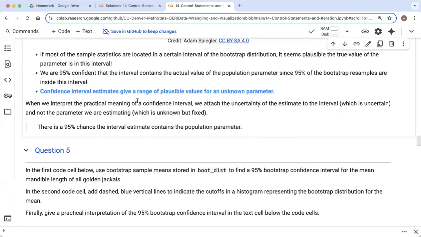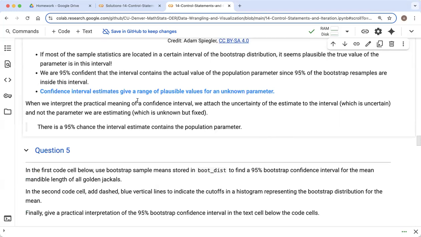We don't attach that odds of success, that uncertainty, to the parameter that we're estimating, since the parameter is not variable. It is a fixed value. It's just an unknown value. So when we interpret these confidence intervals, we typically say that there's a 95% chance that our interval estimate is going to contain the population parameter.